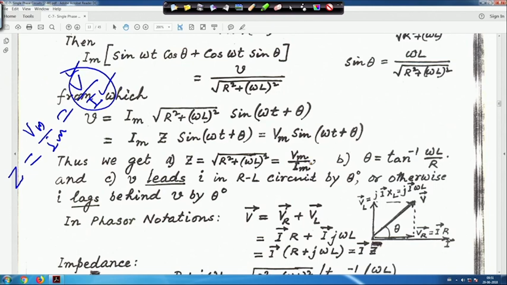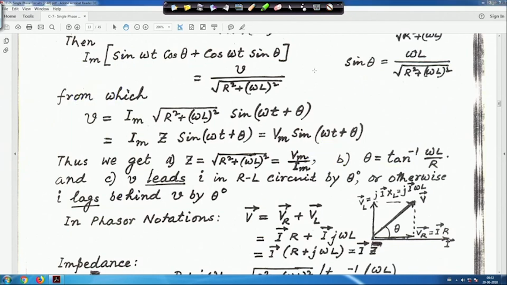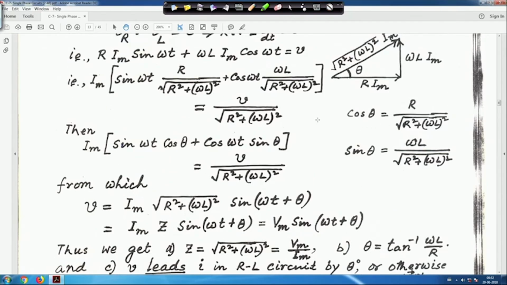So you can write V upon I, if V is the RMS value and I is the RMS value, because both numerator and denominator you are dividing by root 2. And theta is equal to tan inverse omega L by R, right. If you look into this diagram, tan theta is equal to L omega by R, because Im will be cancelled.